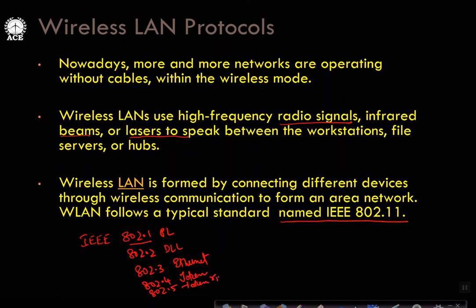For wireless LAN, the Wi-Fi IEEE standard is 802.11, the Wi-Fi protocol, wireless fidelity wireless network. Very popular. Like that, WiMAX has IEEE standard 802.16. The IEEE standard popularly followed for many wireless LANs commercially deployed and in educational institutions is IEEE 802.11.